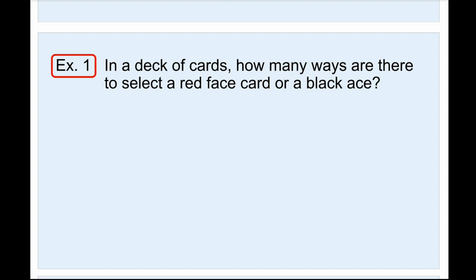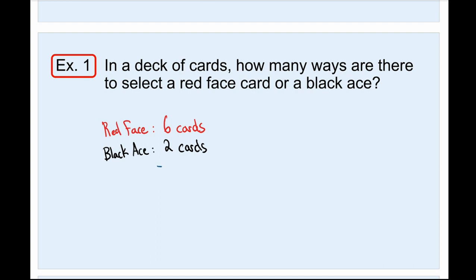For a red face card, there are 3 face cards per suit, and there are 2 red suits, so there are 6 cards. For a black ace, there's 1 ace per suit, there's 2 black suits, so there are 2 black aces, or 2 cards.